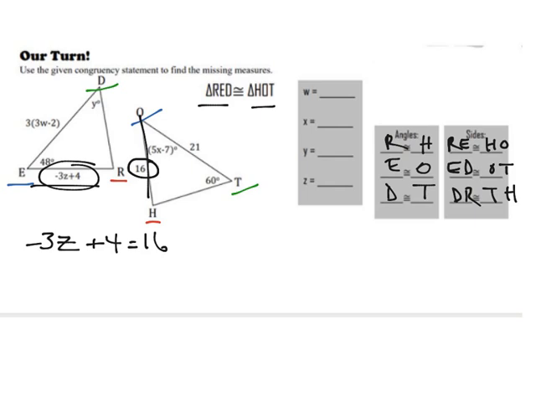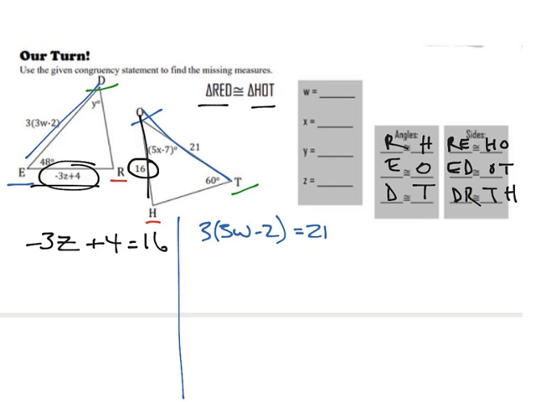ED, this side right here, and OT, this side right here, also go together. So let's create another statement here. We'll say 3 times 3w minus 2 equals 21 because those two sides are congruent.